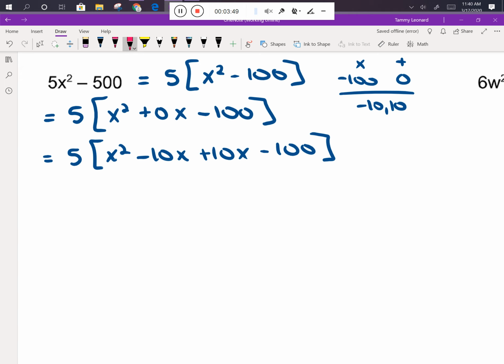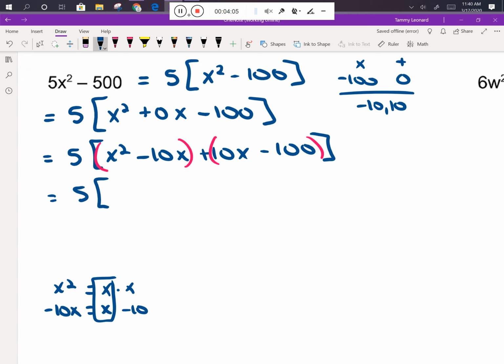So I can turn this into a sum of binomials and look to factor GCFs out of each pair. So x squared minus 10x, those both contain an x and need an x and a negative 10 to complete them. So I have 5 in the big bracket. I factor out an x and I'm left with x minus 10.